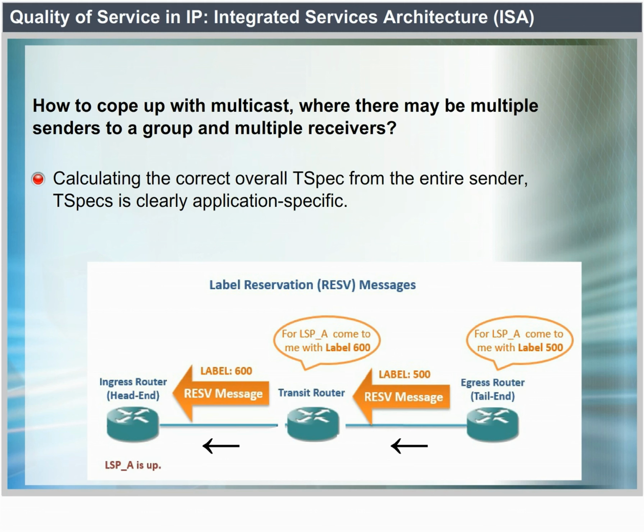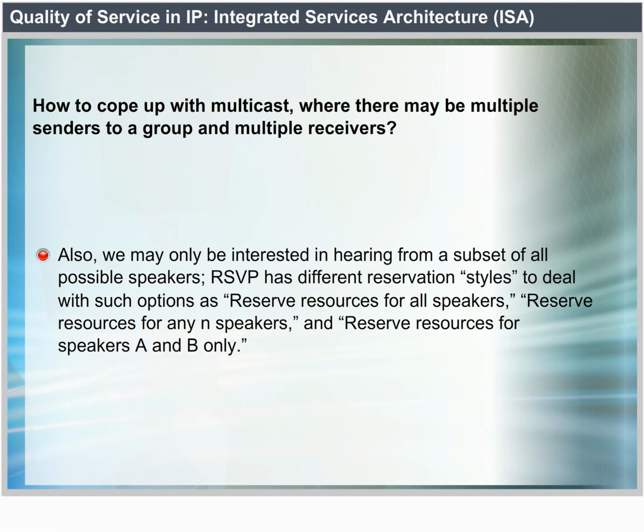Also, we may only be interested in hearing from a subset of all possible speakers. RSVP has different reservation styles to deal with such options as reserve resources for all speakers, reserve resources for any N speakers, and reserve for speakers A and B only.